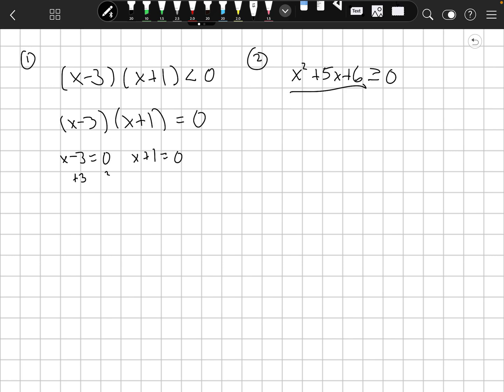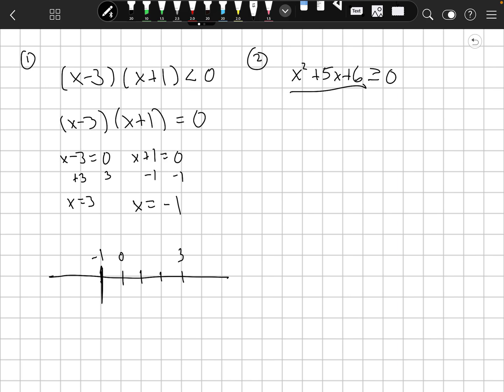So we add 3 to both sides. We've got x = 3, subtract 1, and you've got x = -1. So that's as if it were an equation. The 3 and the -1 still help us when we're doing an inequality. So I'm going to graph them on a number line. Here's 0, 1, 2, 3, and there's -1 right there.